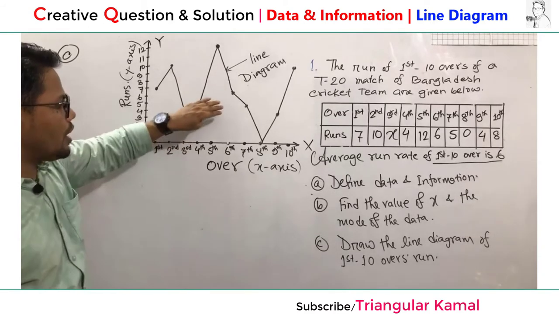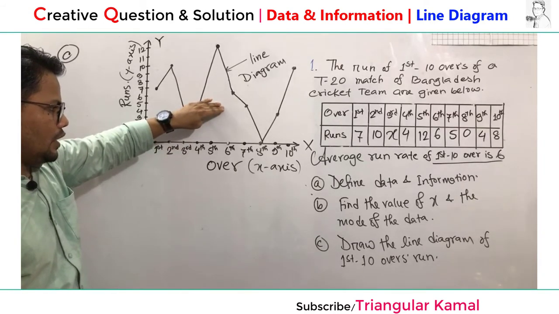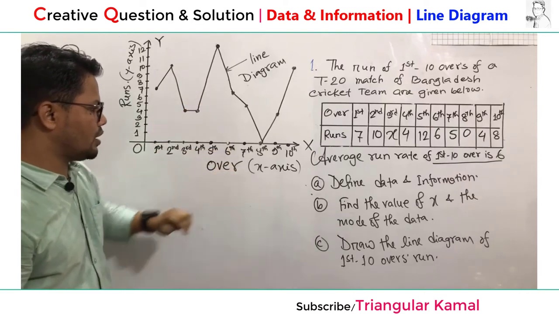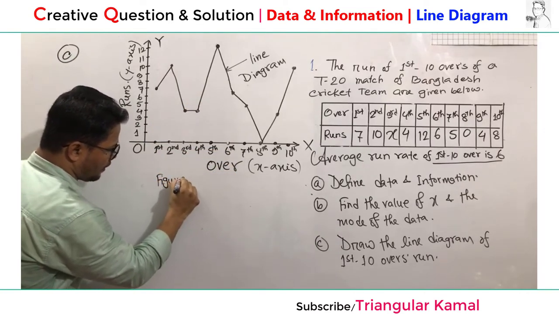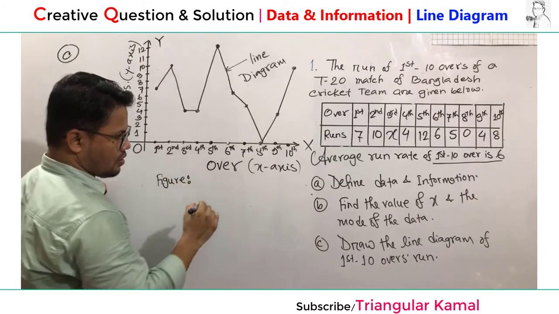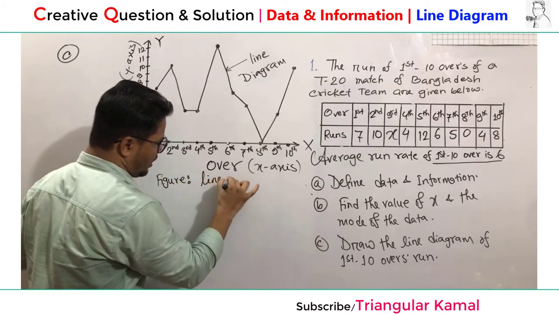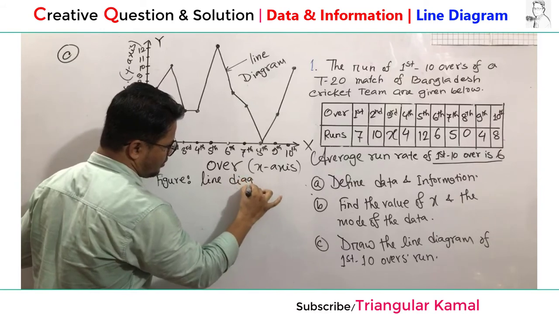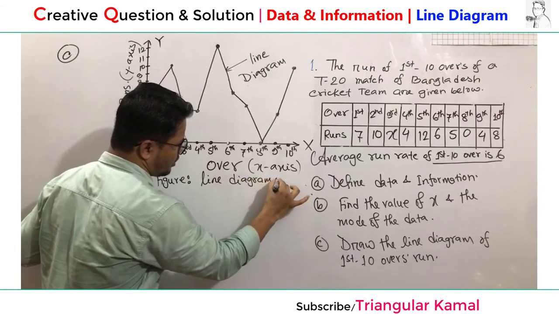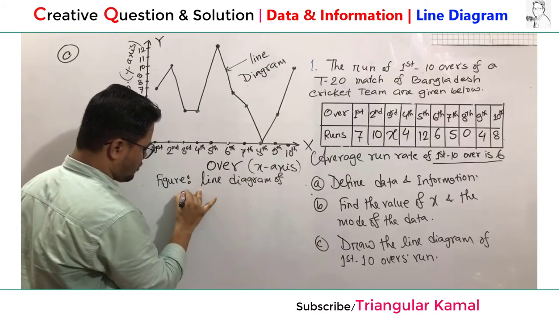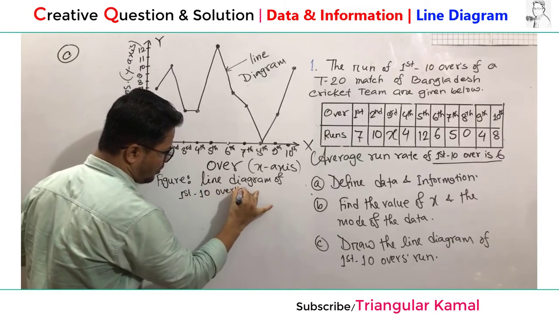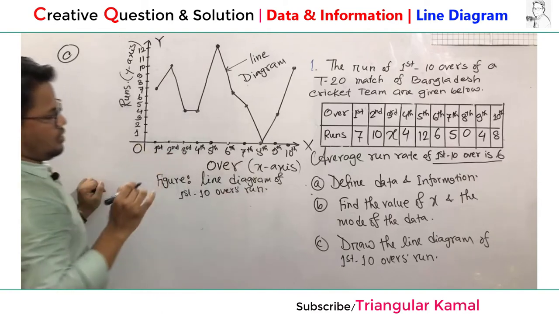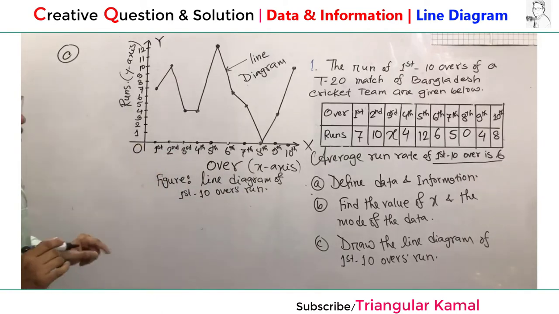Now you have to explain the line diagram figure of the first 10 over runs.